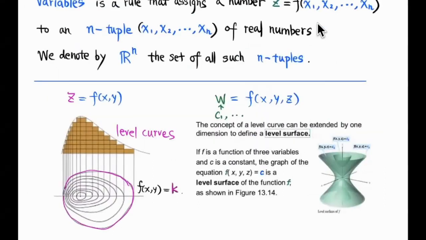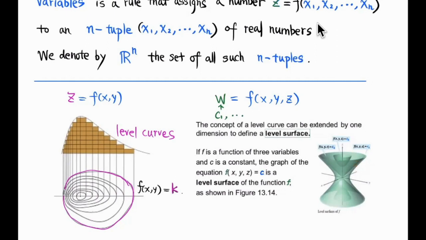And one suggestion here for the fourth dimension: you can think about this like x, y, and z being the coordinates of a point in space, and then the w here is the temperature at that point. So for every point in this three-dimensional space, you get a different temperature.